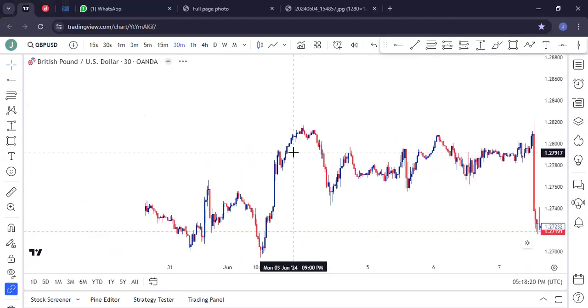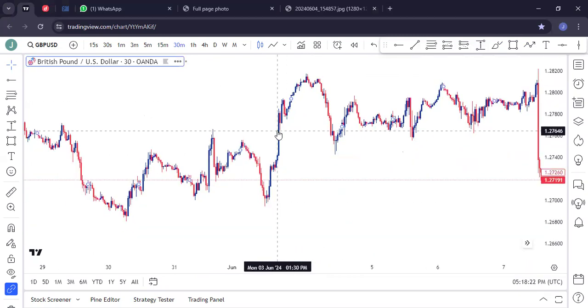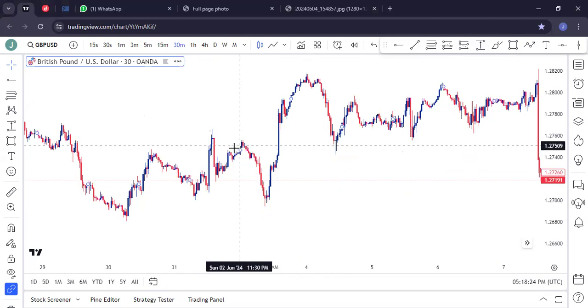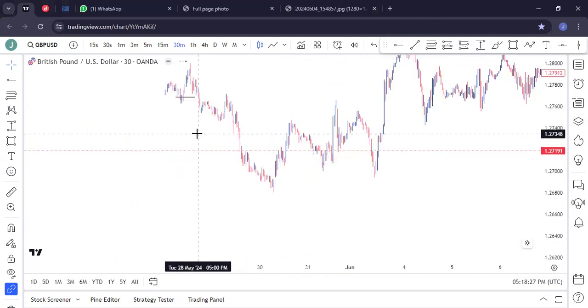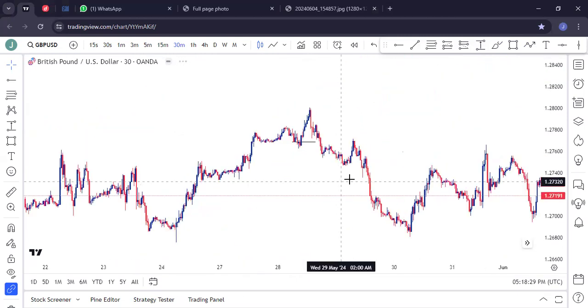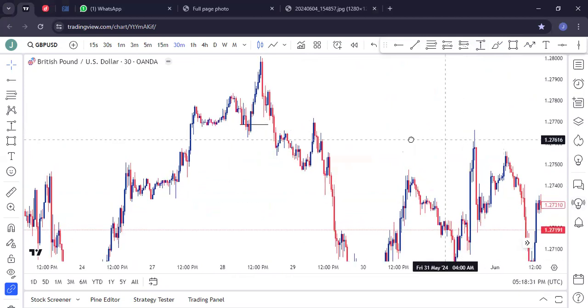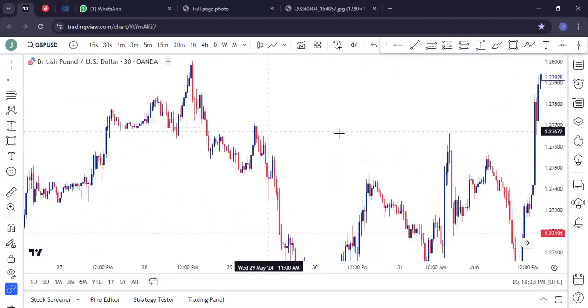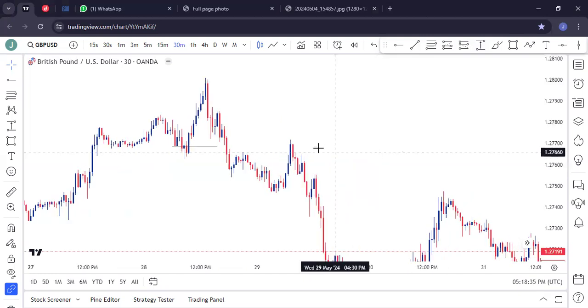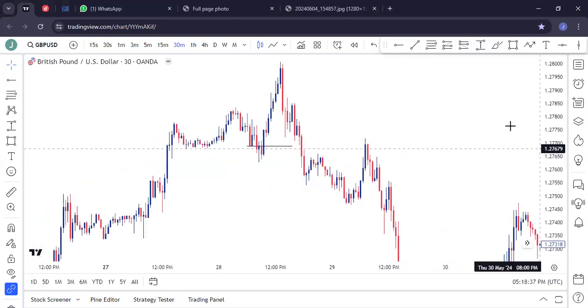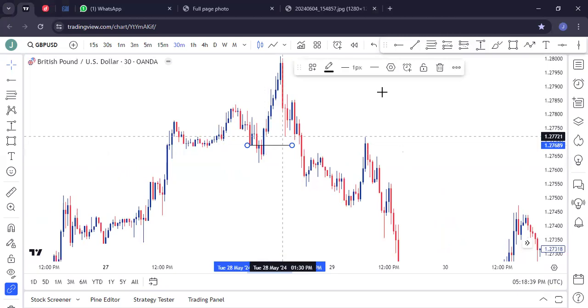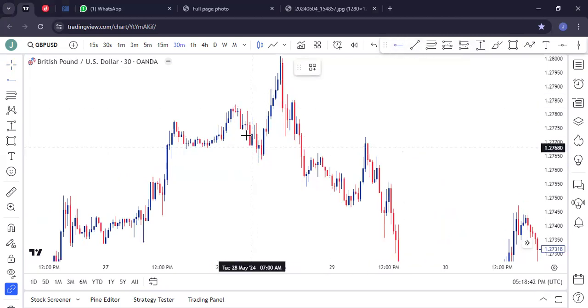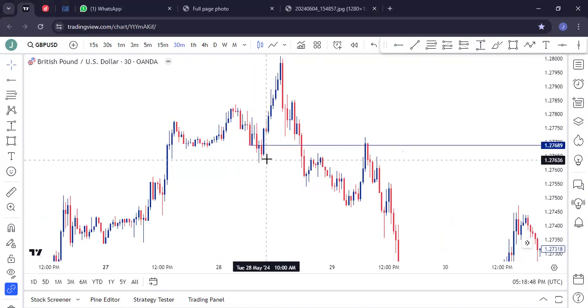So let us look at a few examples so that we can understand this topic clearly. The first example here is this one. As you can see, the market created this low, then high, then broke the structure here. Then the market came and changed the character.